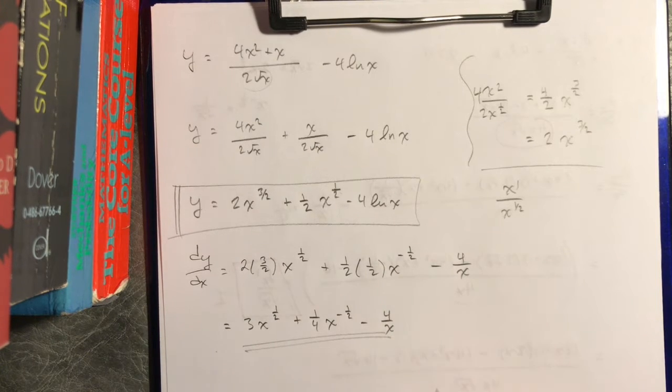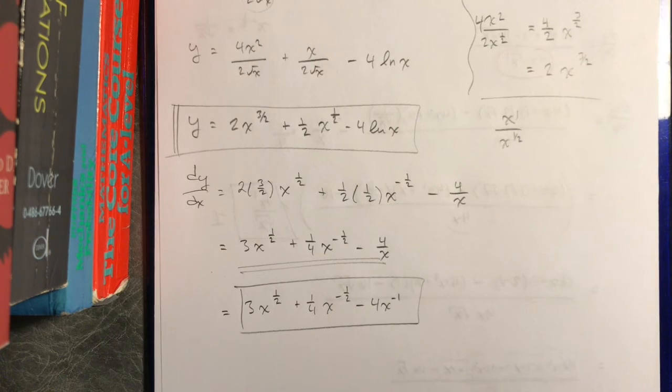And again, you could put it into index notation: 3x to the 1/2 plus 1/4 x to the -1/2 minus 4x to the -1. If nobody cared about the format of your derivative, I might leave it like that, but that's something you'd have to argue about depending on what you're going to do with it.